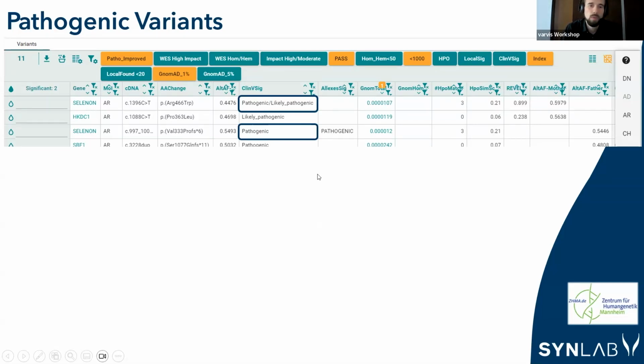It will show us all those variants which are either pathogenic in ClinVar or in our own database or in the varvis database. And as you can see, we found 2 variants in the SELENON gene, and those 2 were described in ClinVar already and were also not homozygous in the gnomAD database.